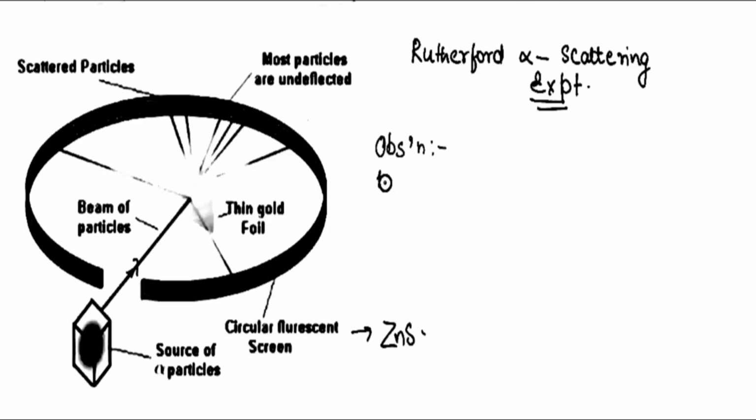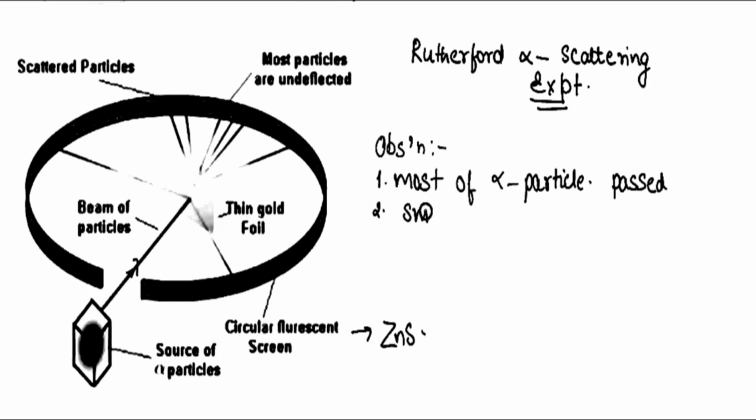Most of the alpha particles pass through the gold foil. The second one is, a small fraction of alpha particles were deflected by a small angle.